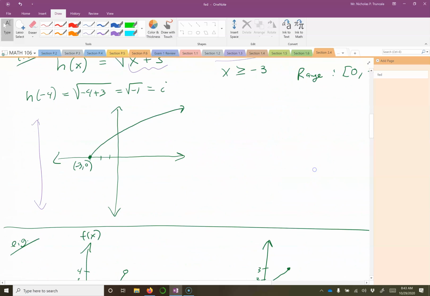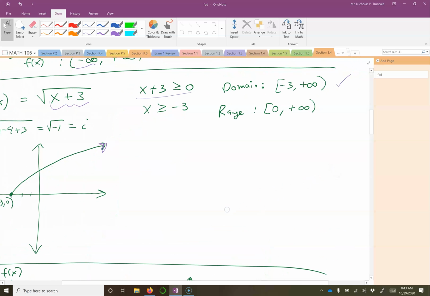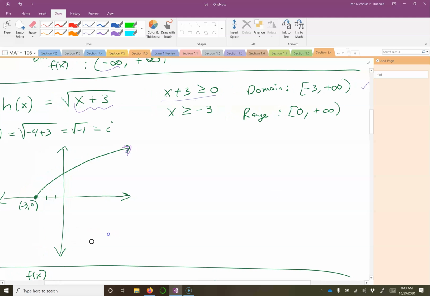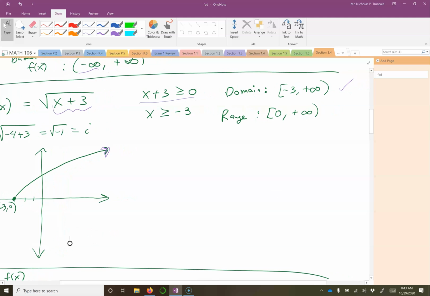But when we look at the square root, the lowest value I get to is right here, and that has a y value of 0. And then you see it has an arrow going upwards, which signifies it's going to positive infinity in the y. So there's the range: a bracket on the 0 because 0 exists on the graph as the lowest point in the y direction, and then it goes to positive infinity.